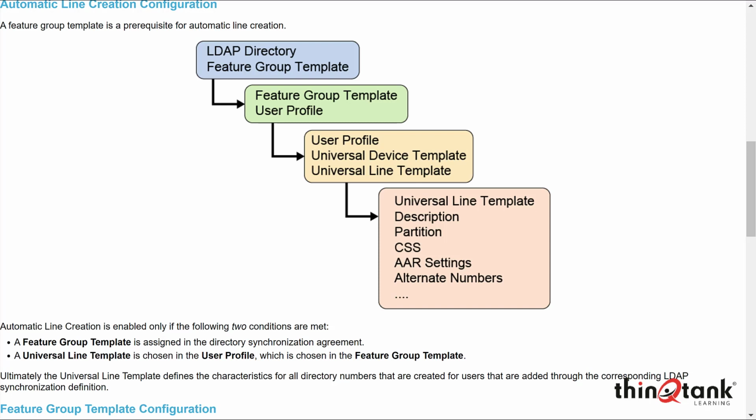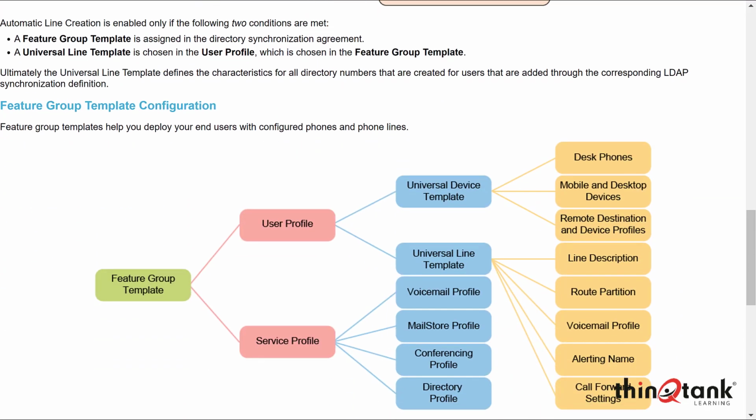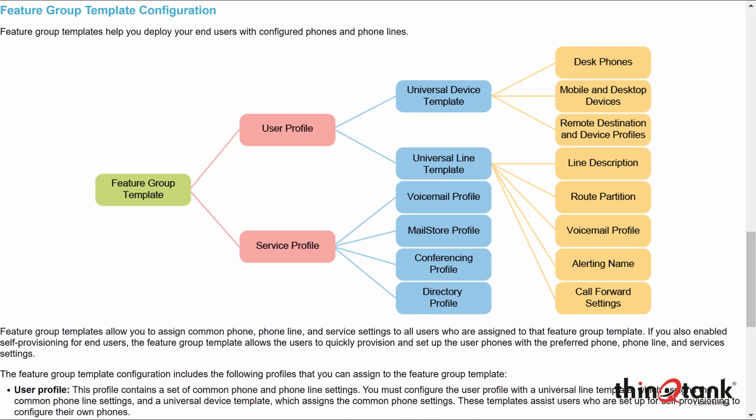You know, what is the description of the line, what partition is the line going to be in, what is the calling search space, and so on. As I mentioned in the beginning of this discussion, the feature group template configuration is the head end or the main component of defining these templates, which point to the user profile and the service profile.